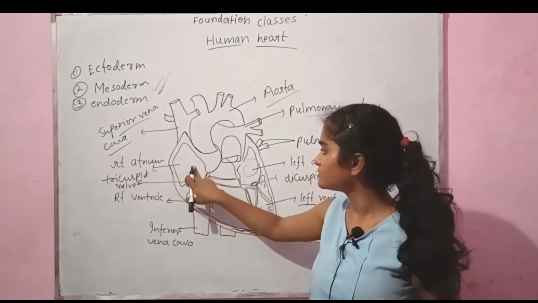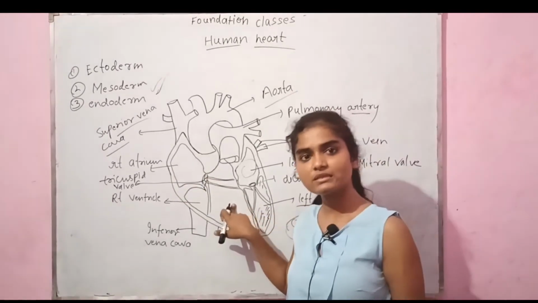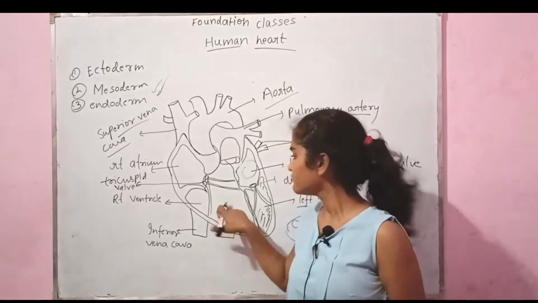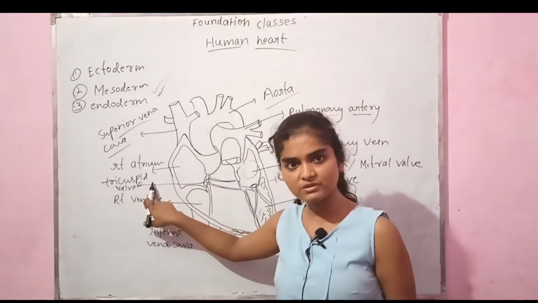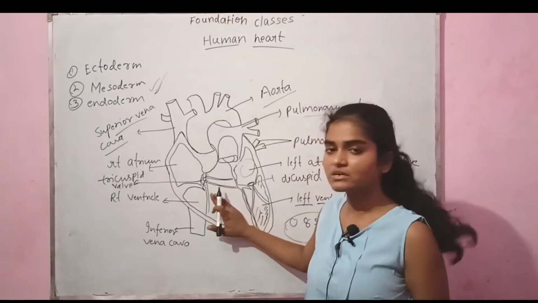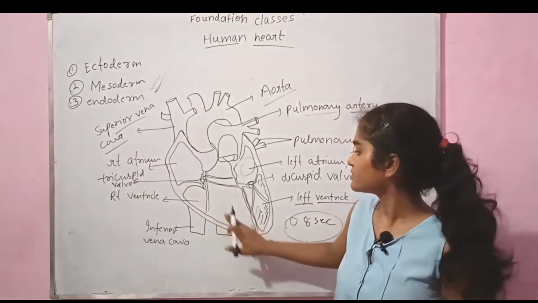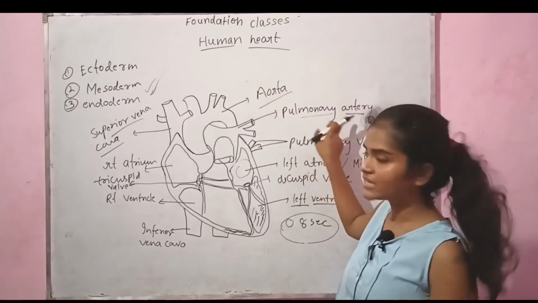When the right atrium contracts, its blood flows into the right ventricle, regulated by the tricuspid valve. When the ventricle contracts, blood is transferred into the pulmonary artery.